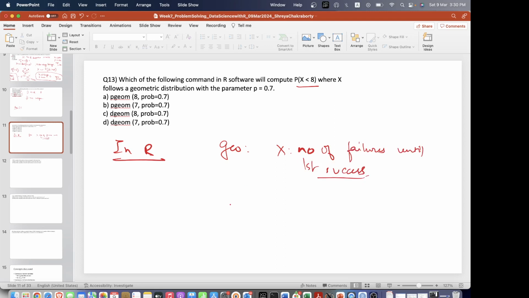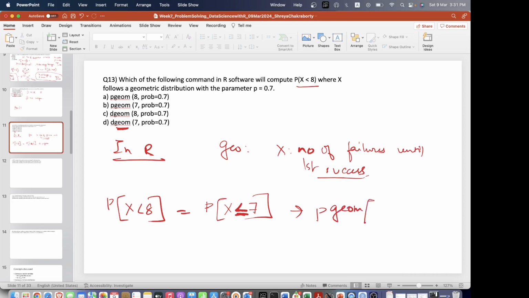So probability X less than 8 is probability X less than or equal to 7. To find this, the command is p, and for geometric the code word is geom. So it would be pgeom 7, 0.7. That is this thing.